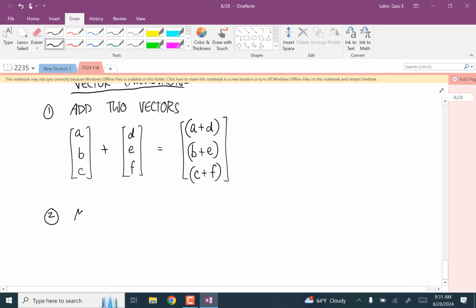The second one is multiplying a vector by a scalar. A scalar is just a number, like a vector with a dimension of 1 by 1.